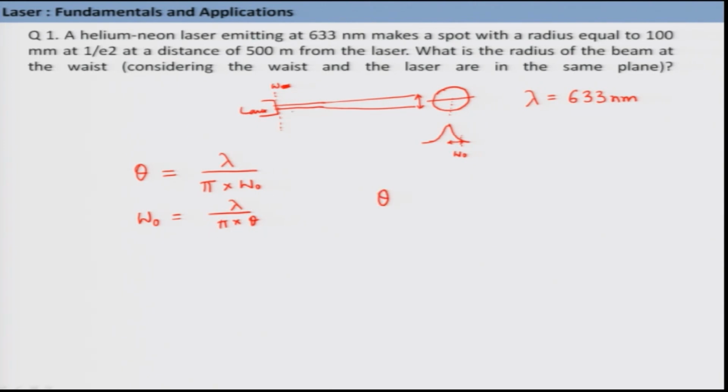Now if you look at this problem and draw it in a very nice way, essentially this is your starting point of the laser and the beam goes up to a distance of 500, so this is 500 meter, and I have a certain radius of the beam, and that is this one, correct.